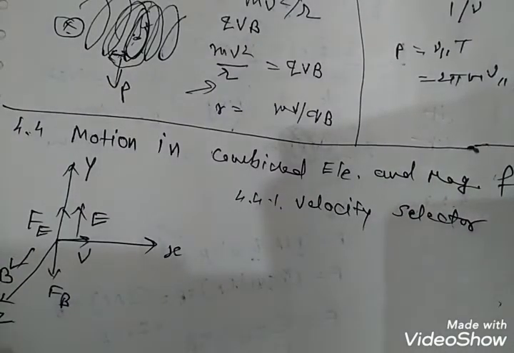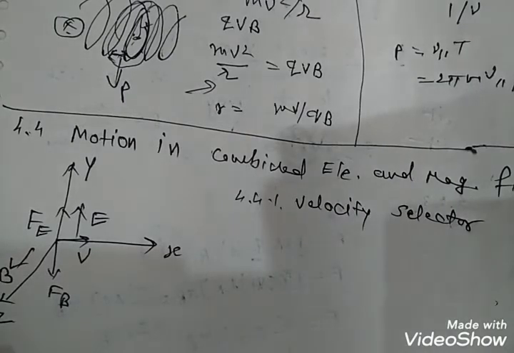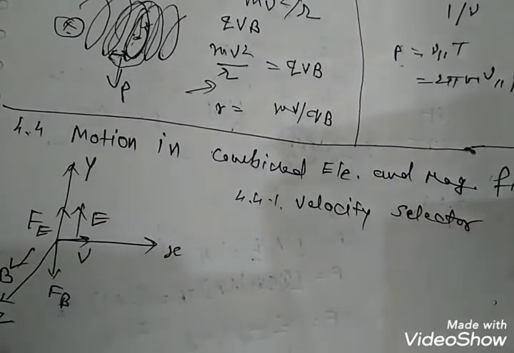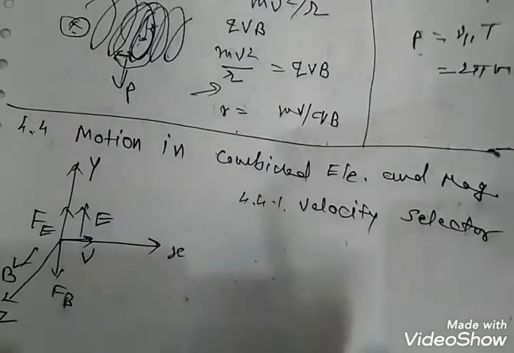Topic 4.4, motion in combined electric and magnetic fields. The first one is 4.4.1, velocity selector.